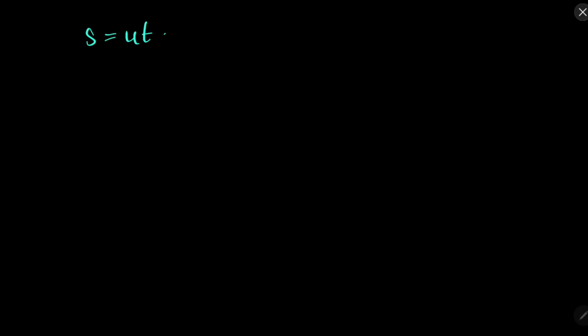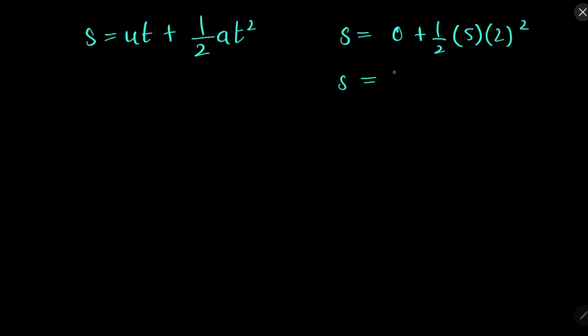So s equals ut plus half at square. After putting the values, you will find that s is equal to 10 meters. So the block moves by 10 meters.